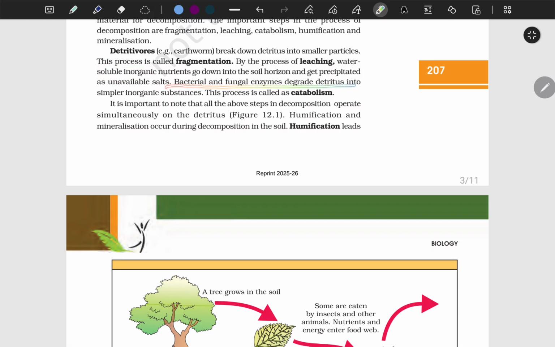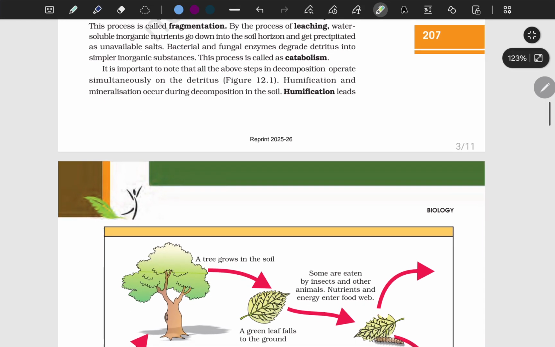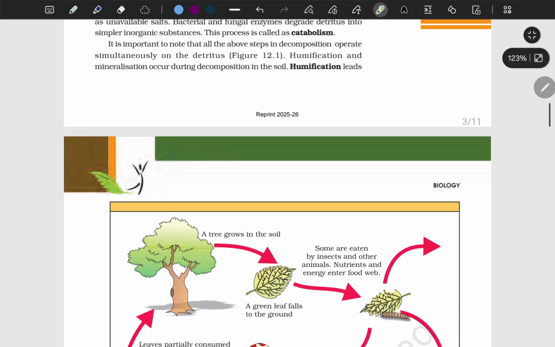Bacterial and fungal enzymes degrade detritus into simpler inorganic substances. This process is called catabolism. It is important to note that the above steps in decomposition operate simultaneously on the detritus. Humification and mineralization occur during decomposition in the soil.